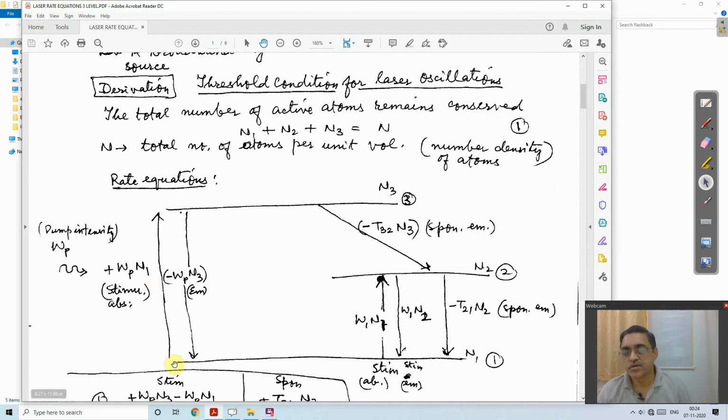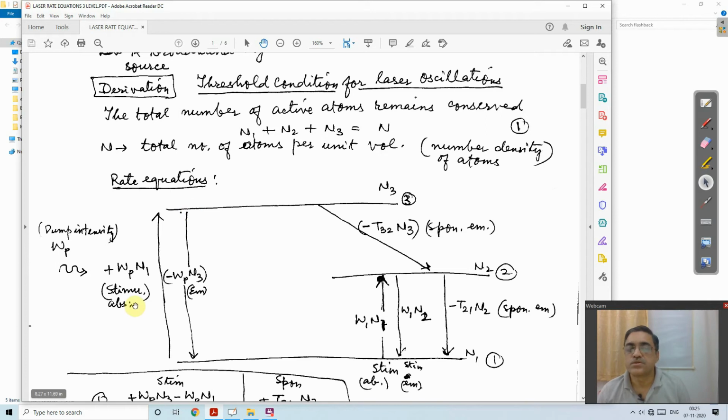So here, for this upward journey, I can write plus W_P N1, stimulated absorption. Similarly, for the downward journey I can write minus W_P N3, because this is level N3. So the rate is proportional to the number of active species present here.